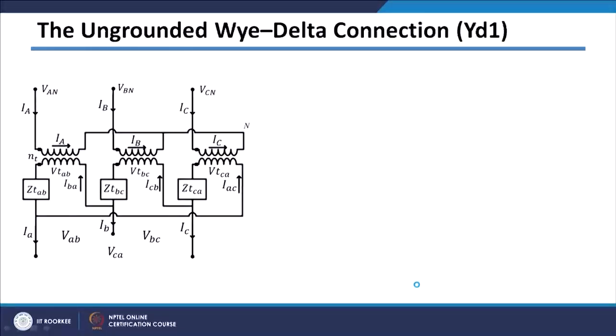Now to get C and D parameters, we have seen that we need to take current relations into account. So if you observe, I can easily write your IA current will be nothing but your IBA current divided by NT, your IB current will be nothing but ICB divided by NT, and your current IC is nothing but ICA, or IAC, divided by NT.